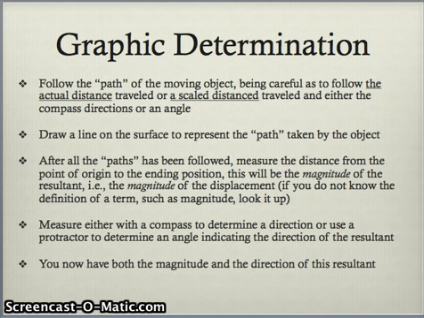Then you will measure with a compass or a protractor to determine the angle indicating the direction of that resultant. Since you have now measured the distance, the magnitude, you have a vector for the resultant. So that's the first method.